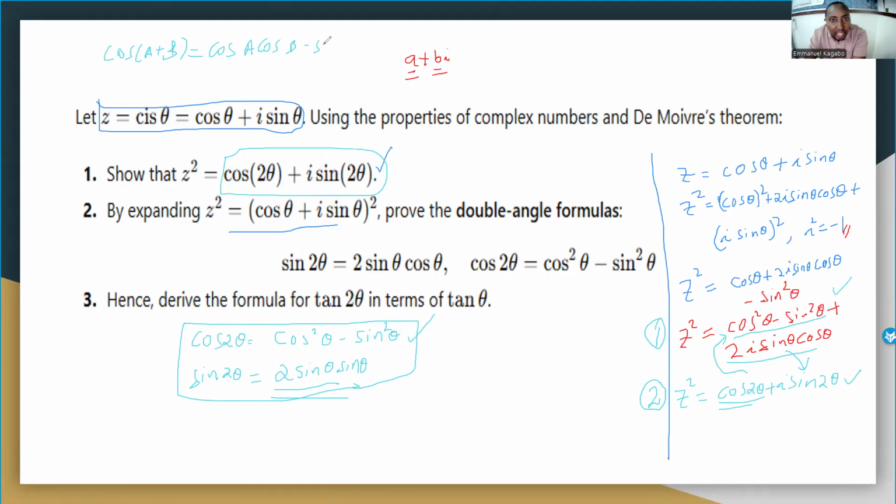Minus sin A sin B. So if this is what we are using in year 12 or DP1, check if you use this one, you're going to have exactly the same as that. Okay, making sense? So I've already got this one and I've even proved the sin theta and this one. So come on, very easy.